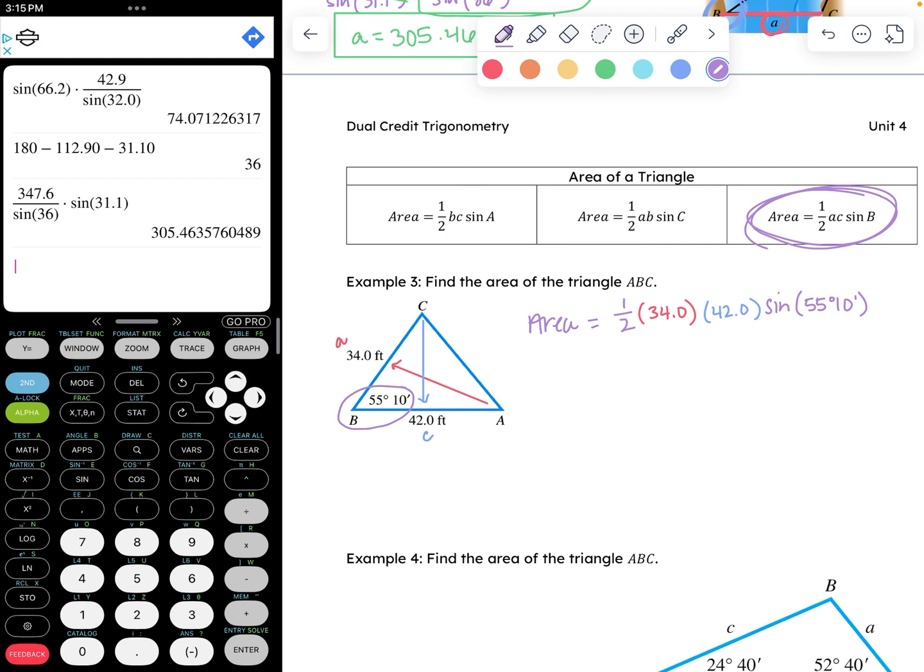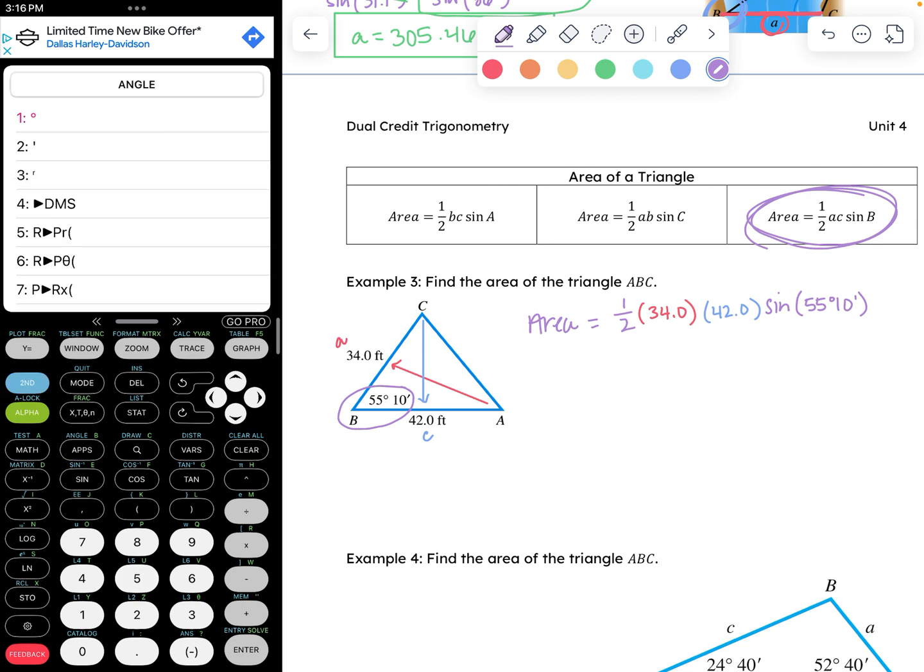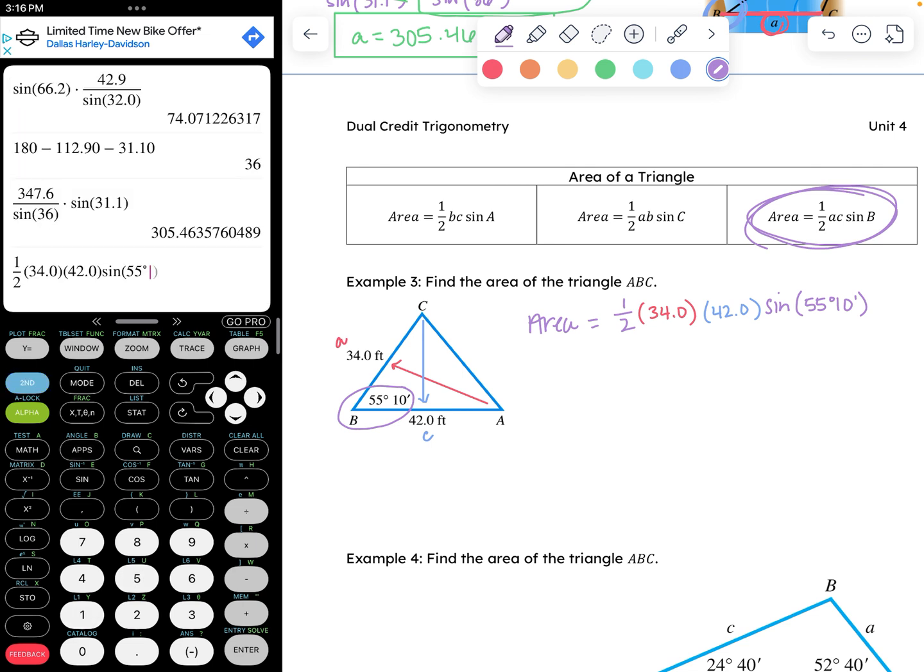So when I plug all this in, I'm going to do 1/2 times 34.0 times my 42.0 and then times my sine. I'm going to do 55. Remember, you hit second apps 1 to get the degree sign, and then 10 second apps 2 to get the minutes sign.